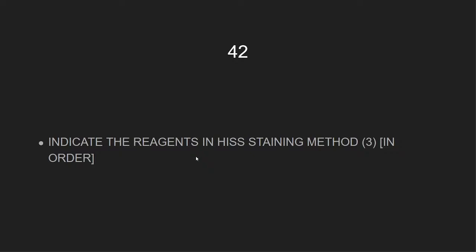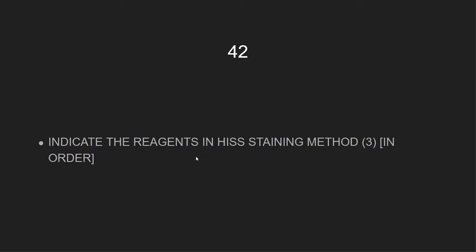Okay, so what else is there? In number 42, we're going to talk about the reagents used in the HISS staining method. There are three things that you need to remember. One of those is that you use gentian violet as your pre-stain, and then you use basic fuchsin.